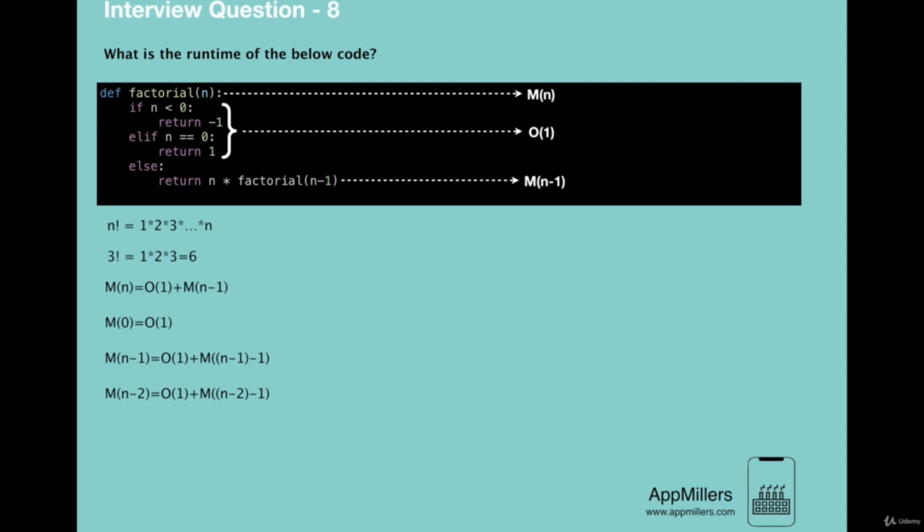Based on these conditions, we can calculate our first function, which is this one. If I replace the equation from here to here, instead of M(n-1), I will get something like this. If I do some calculation on this, the result will be like this. One more time, I can replace M(n-2) with the equation from here.